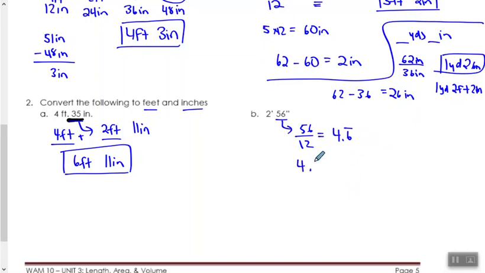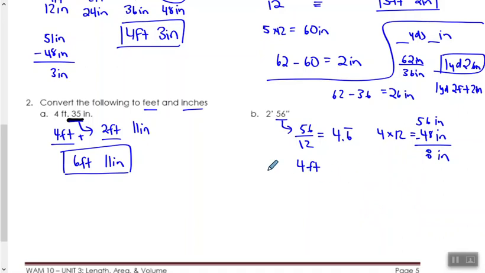So I know this will be 4 feet, and then figuring out my remaining inches. If I do 4 by 12, I can see that I have 48 inches. I have 56 inches in total, so 56 minus those 48, that was those 4 feet, and we get, oh hey, 8 inches.